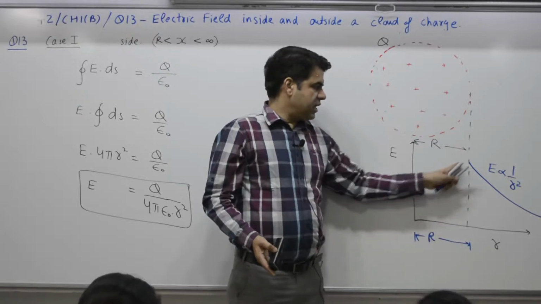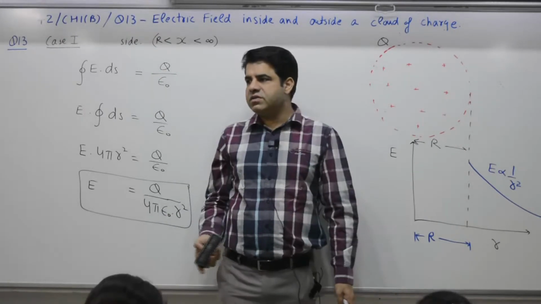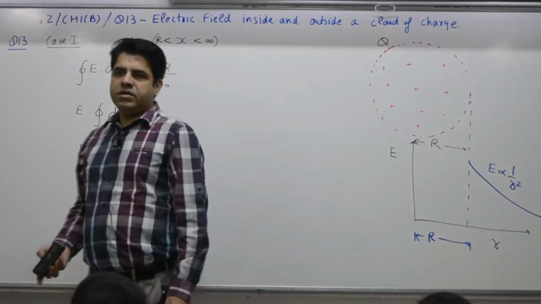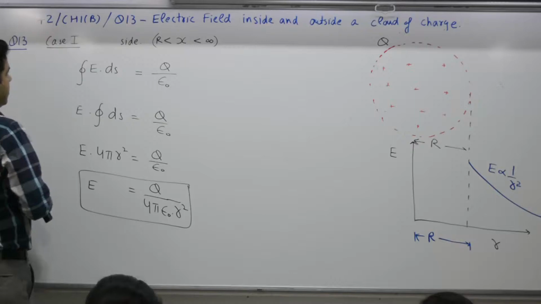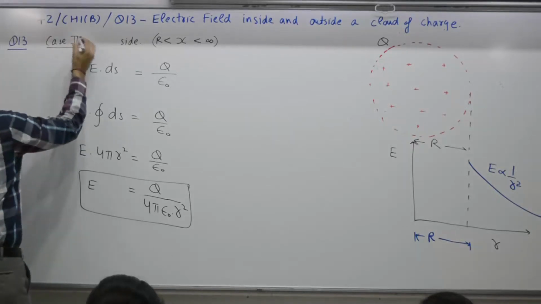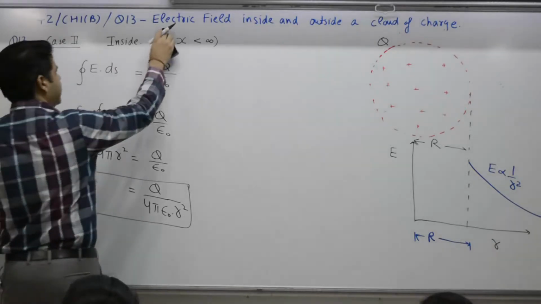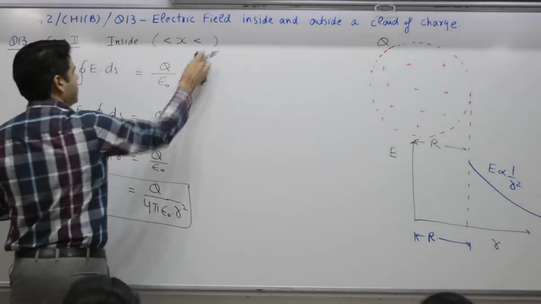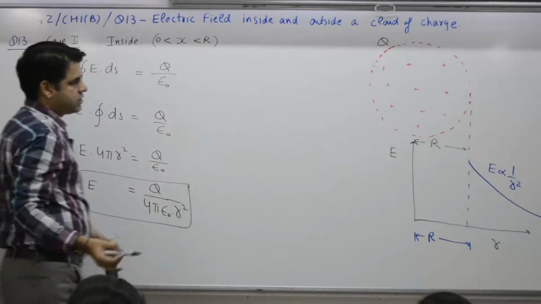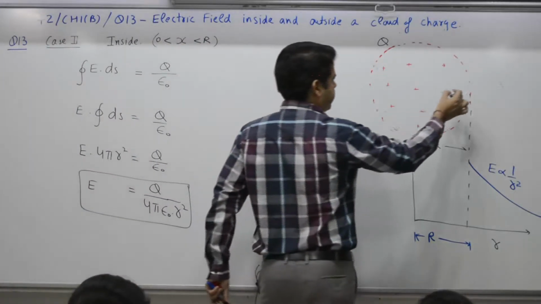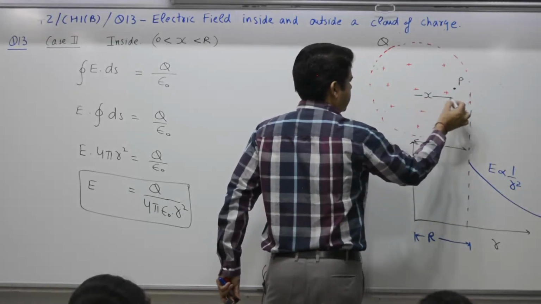It was directly proportional inside, outside it was inversely proportional to r square. So here also you will get the same result. Case number 2 is inside. Inside x varies from 0 to r. Procedure is any point P at a distance x from center.